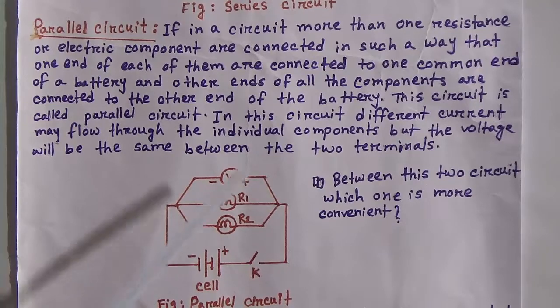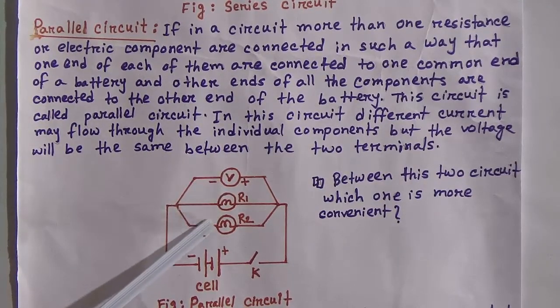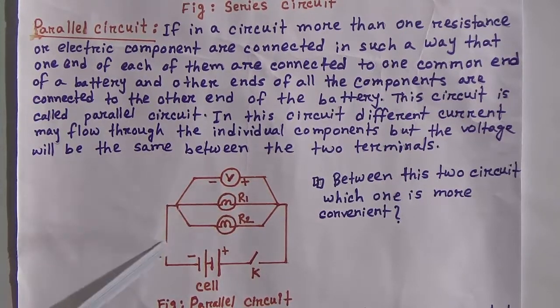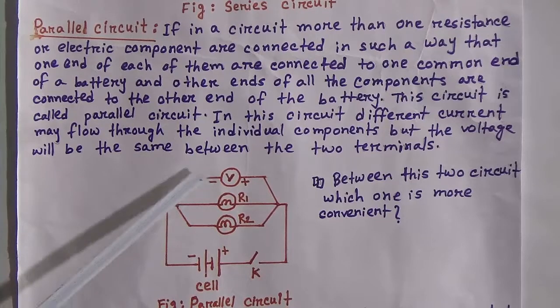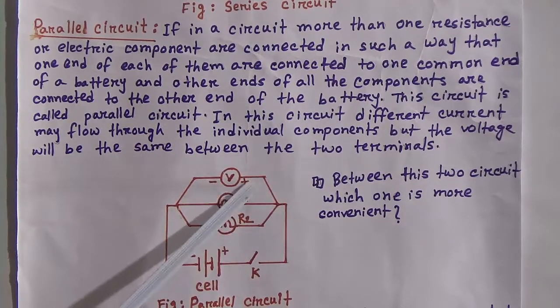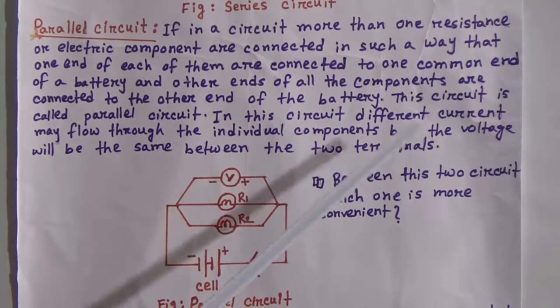Let's see the figure. There is a battery, first resistance R1, second resistance R2, all connected on this side with the negative side of the battery, and these equipments are all connected with the positive side of the battery.